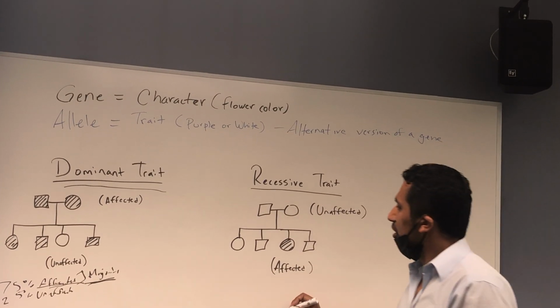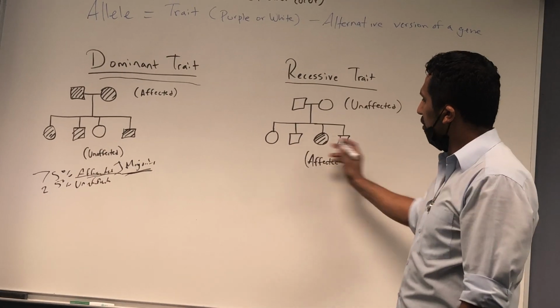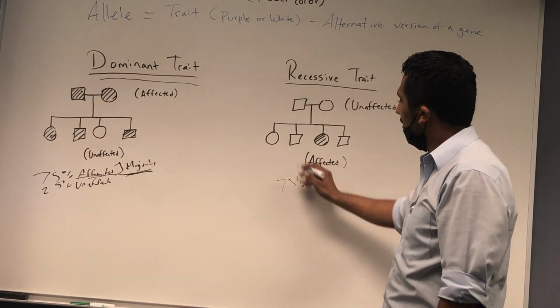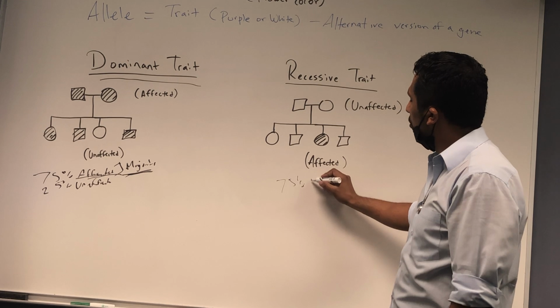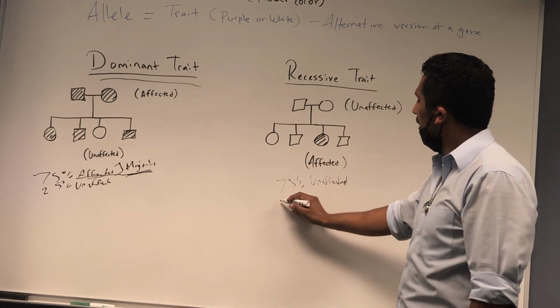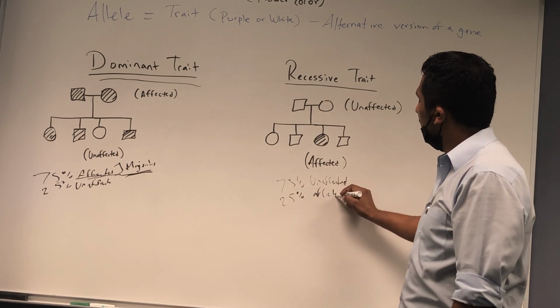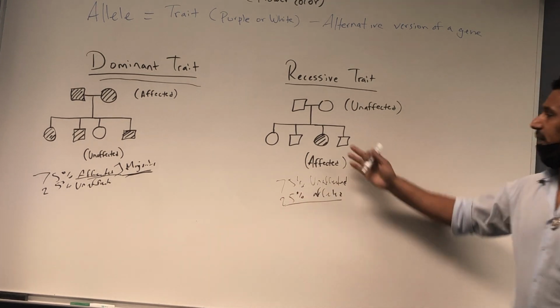So in this case, what is the percentage of the unaffected? Here you have 75% of the children unaffected and 25% affected, having the trait.